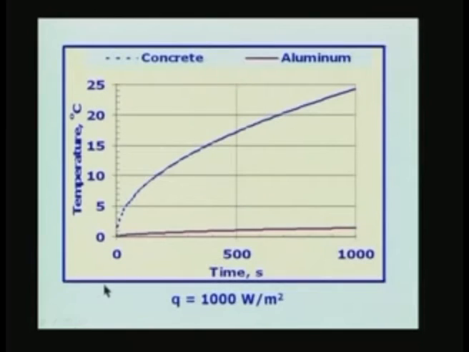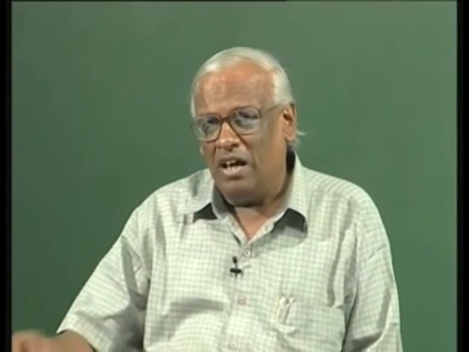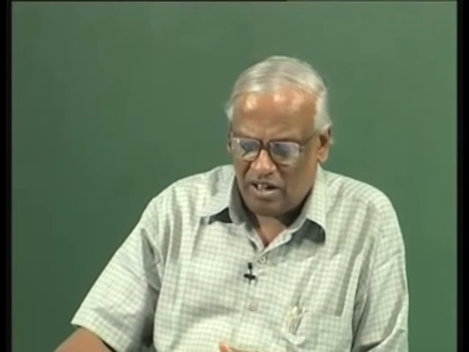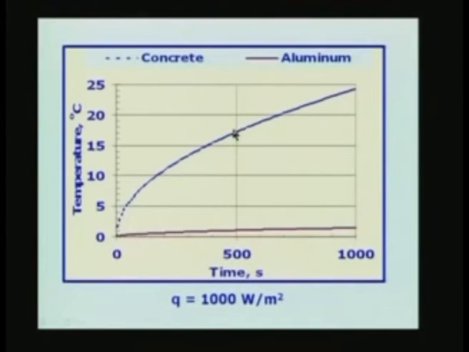And let us look at the typical variation of the temperature of the surface. I have taken two materials, one is concrete, the other one is aluminum, just to indicate what you are going to expect. In the case of concrete, very little heat is transferred to the material inside. Therefore, the surface temperature increases rapidly, and you can see that it is parabolic and it is a square root of time dependence.